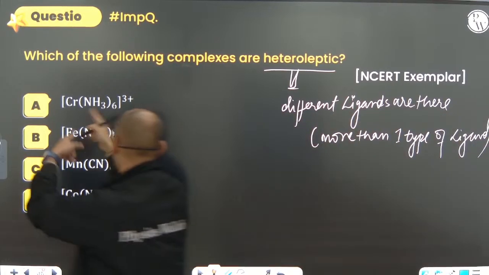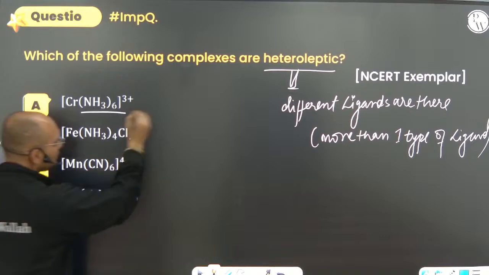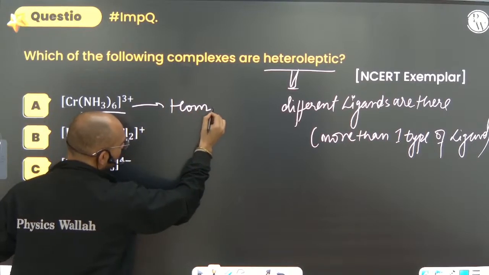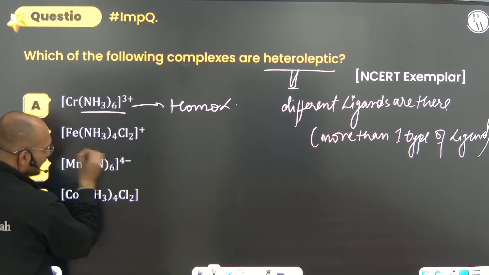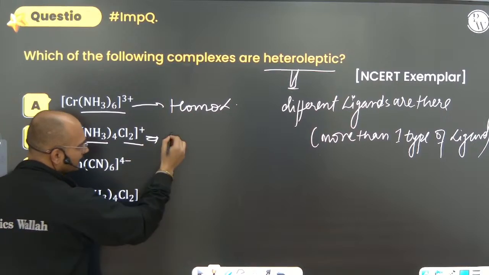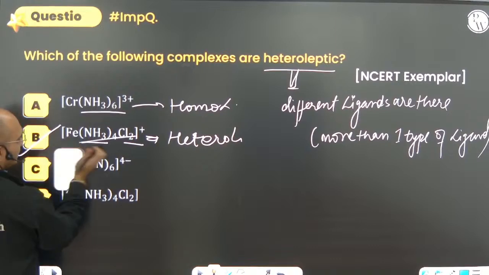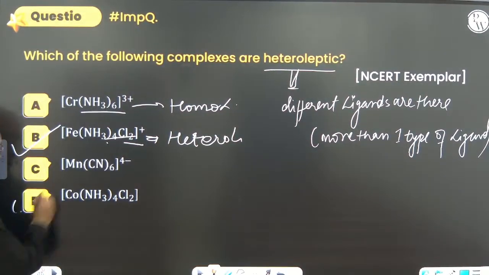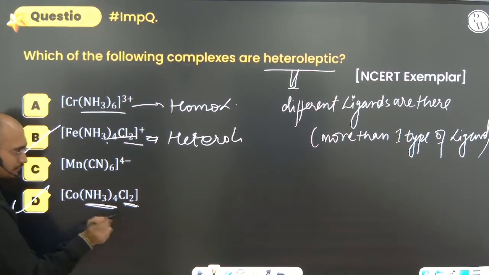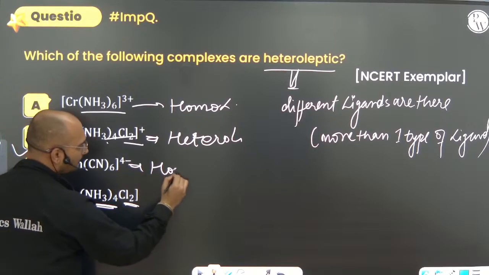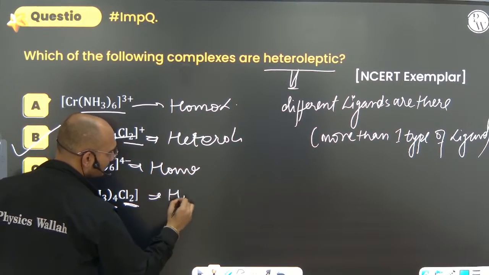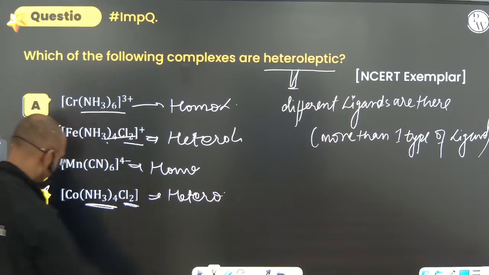Can you see how many types are there? It is all same. So it is homoleptic. Can you see another different? It is heteroleptic. So option B is the correct option. Option D is also correct, because here also it is two different. It is homo, while it is hetero. Any doubt? No doubt. Very good.